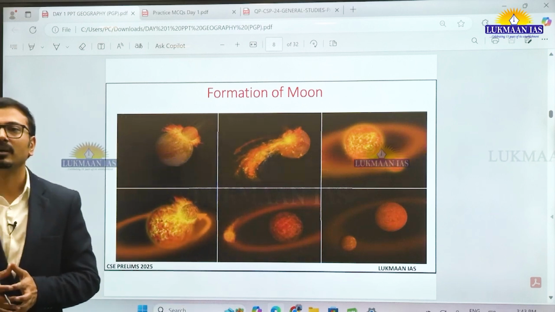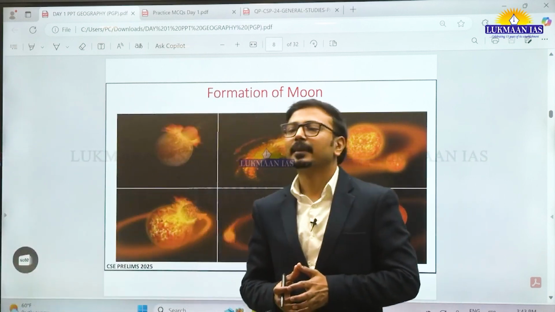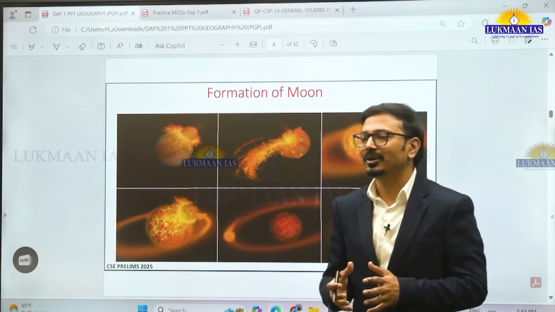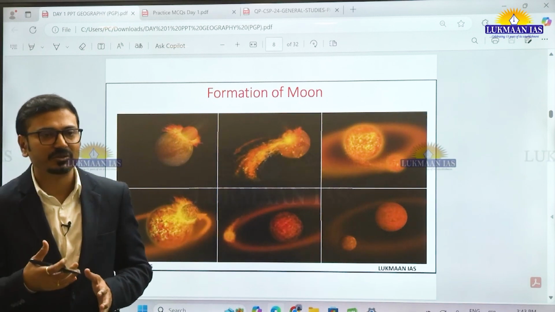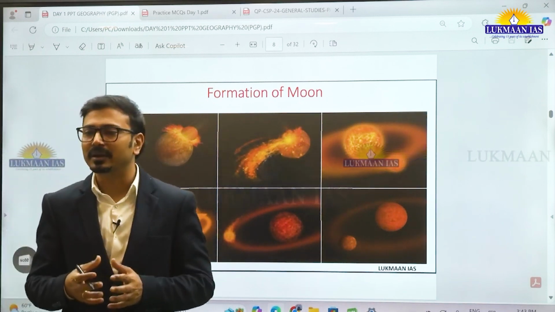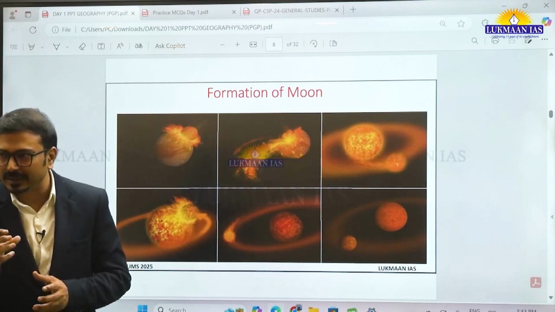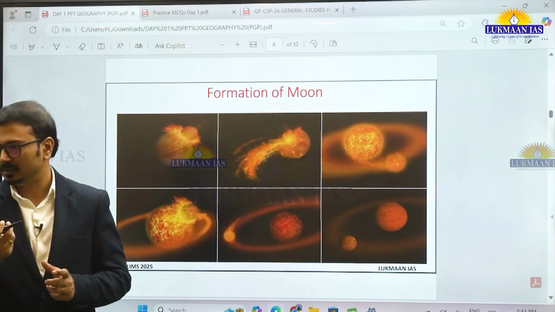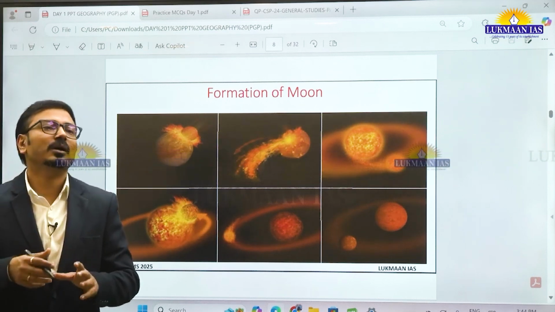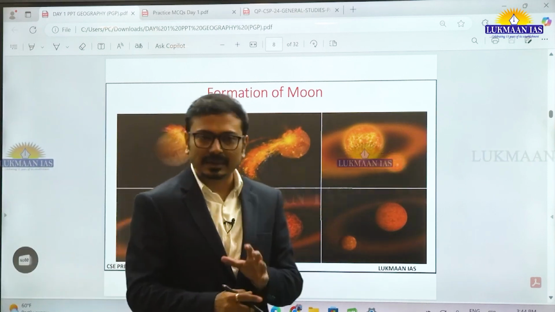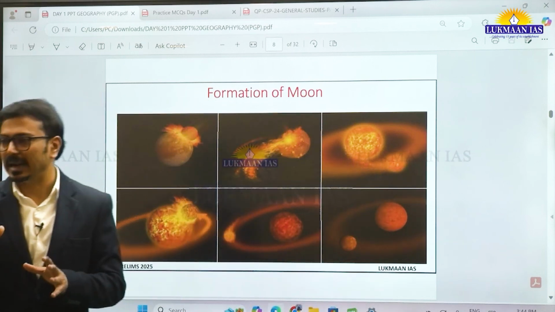We can see only one face of the moon. Yes, very good. The reason is? Both rotate in synchronization. Yes, tidal locking is the phenomenon wherein the larger body exerts such a gravitational field on the smaller body revolving around it that the rotation of that smaller body is controlled by its revolution around the larger body, and because of that the time period of its rotation and the time period of its revolution are the same.